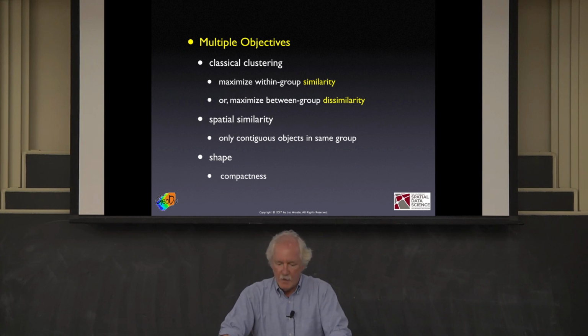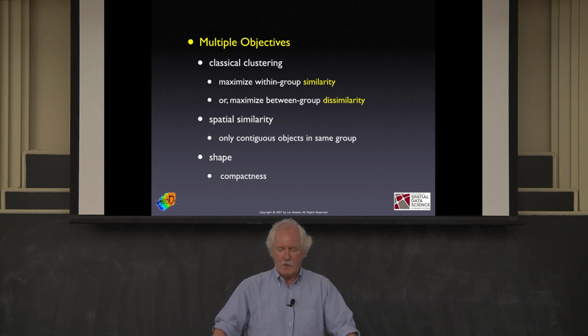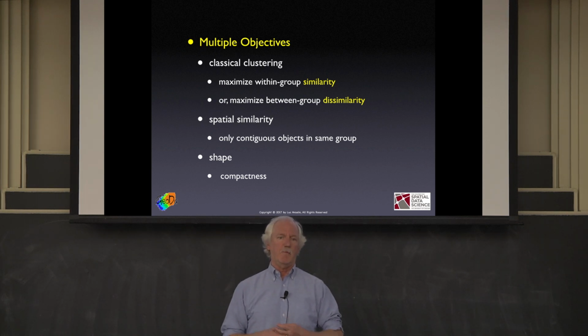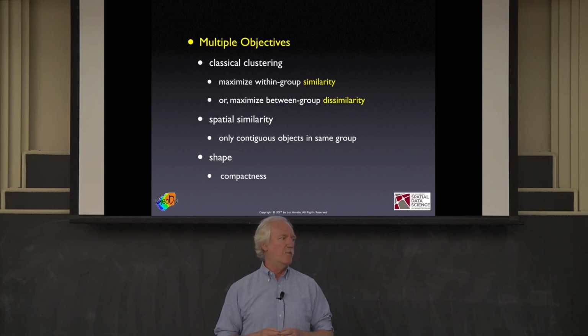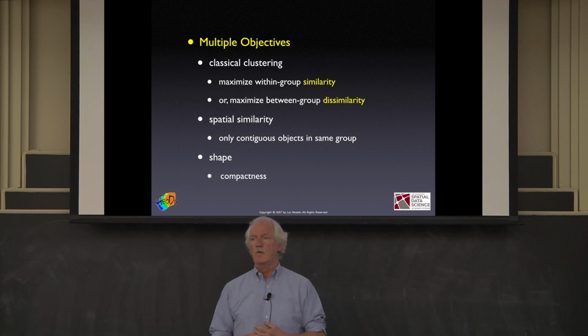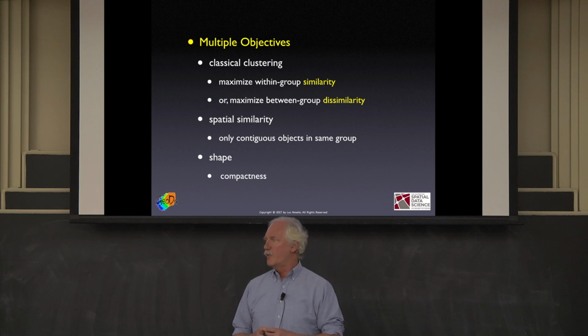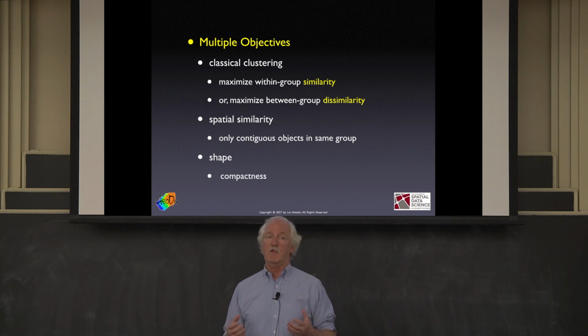And then we throw in the contiguity. And the contiguity, as we've seen, is or can be defined by a spatial weights matrix. And then in addition, although I'm not going to really talk about that too much, we can throw another one in there, which is the shape of the clusters that we obtain. And this is actually very important within the redistricting discussion, is whether these resulting groupings are compact or not. Because contiguity and compactness is not the same thing.